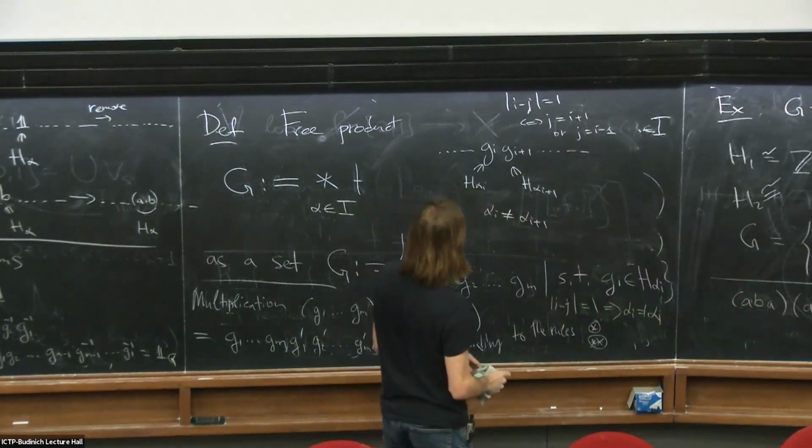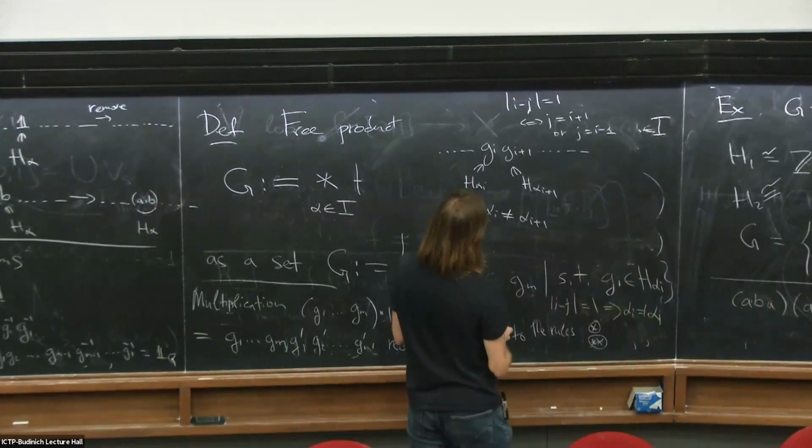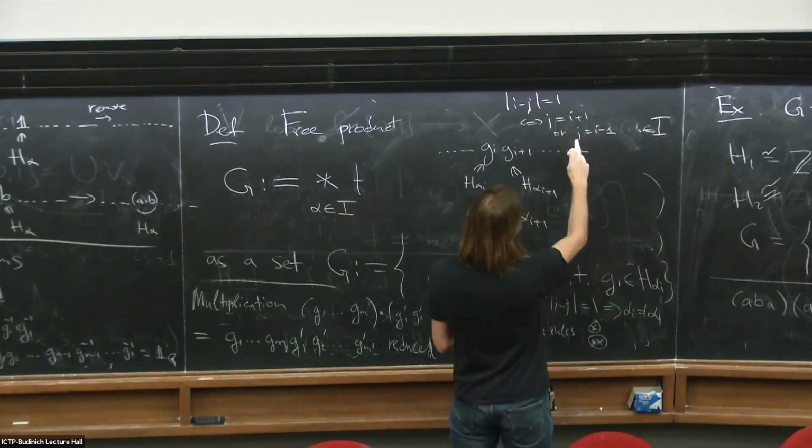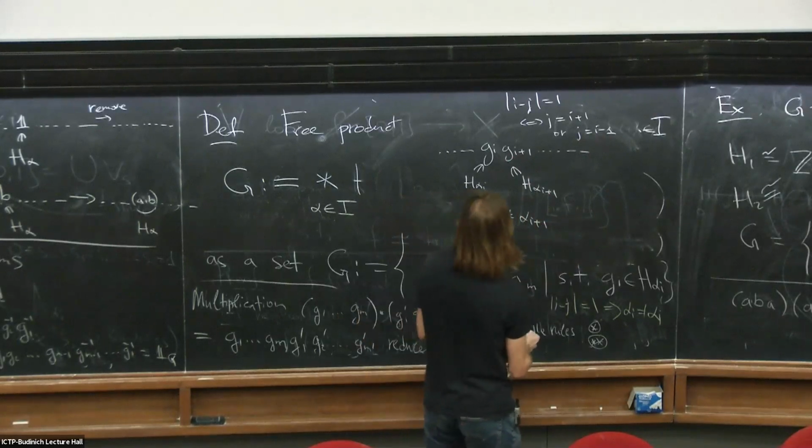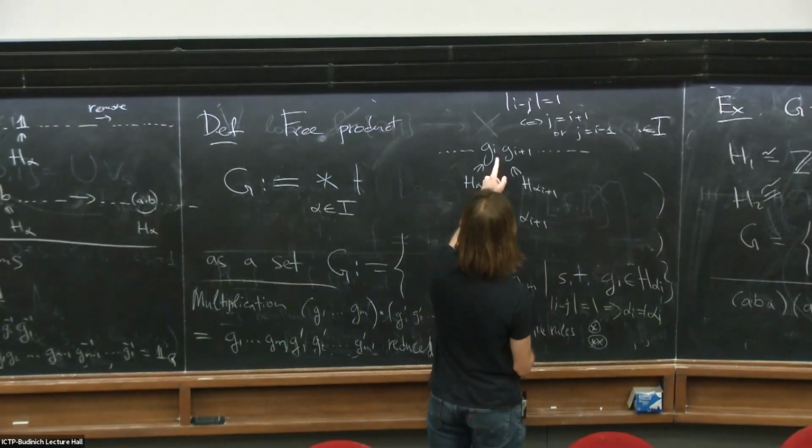And this means that j and i differ by 1. This is the pair of j and i.